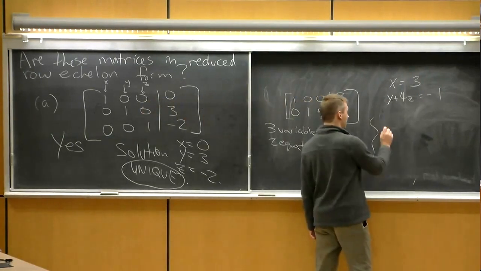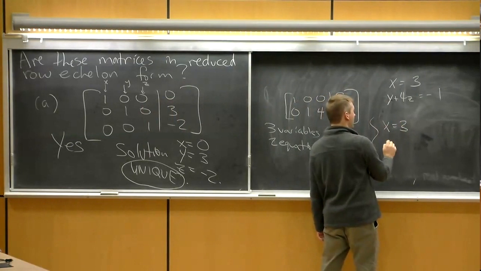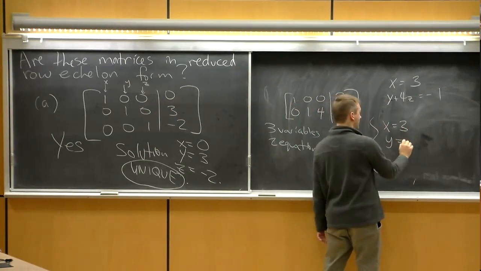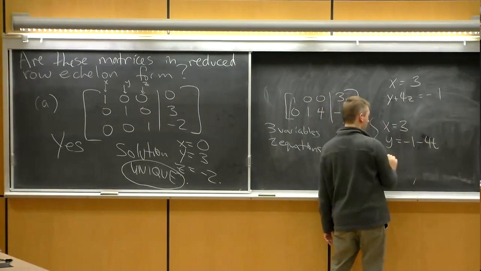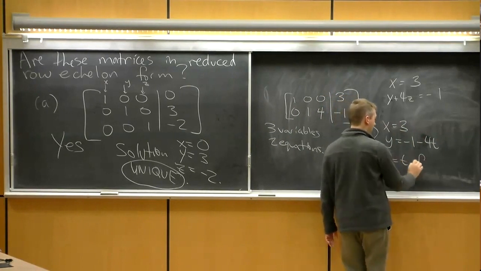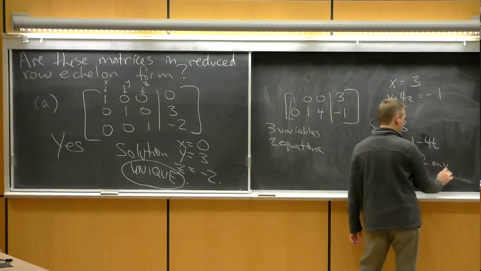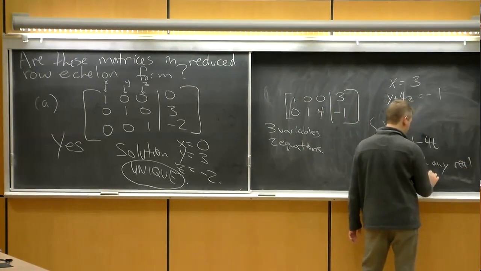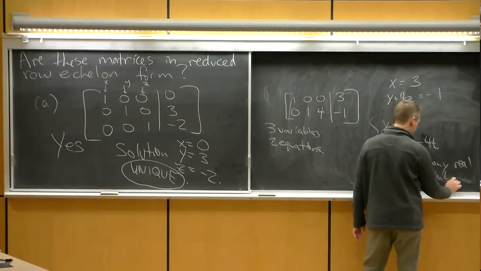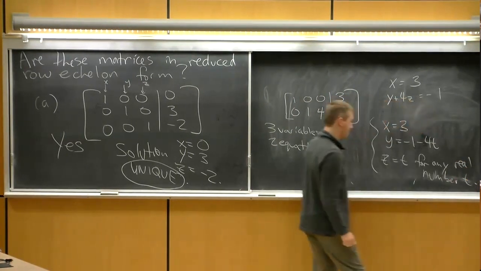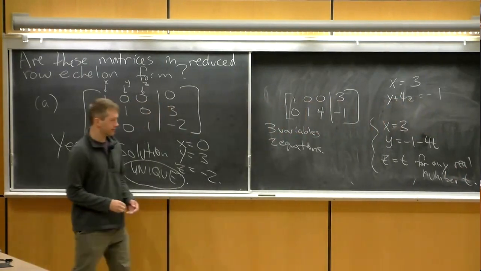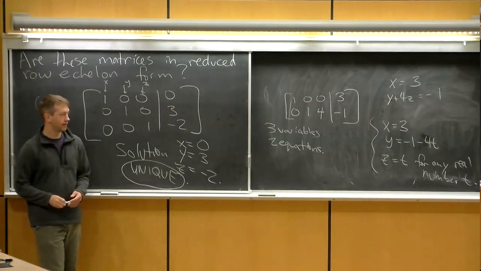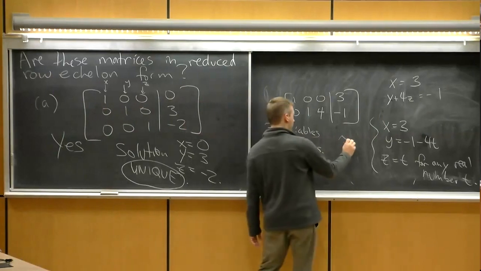Your solutions are x is 3, y is -1 minus 4t, and z is t for any real number t. So infinitely many solutions.